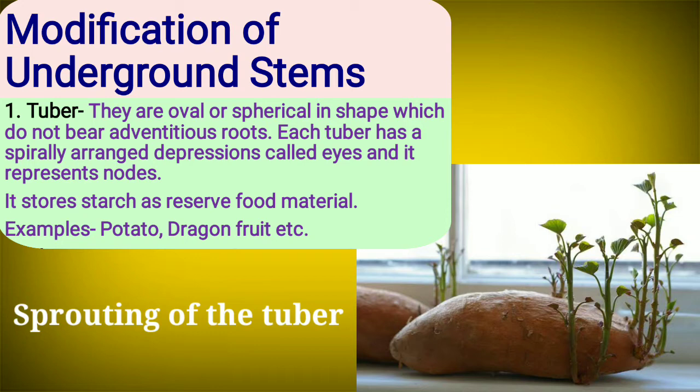In the diagram, as you can see, from these spots axillary buds have come out, and during favorable conditions, they give rise to the new plant body. And these axillary branches are green aerial shoots. In this way, they also vegetatively propagate the plant body.